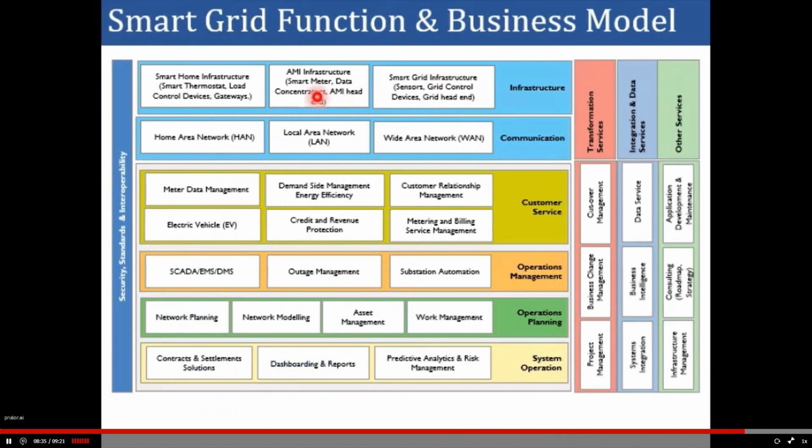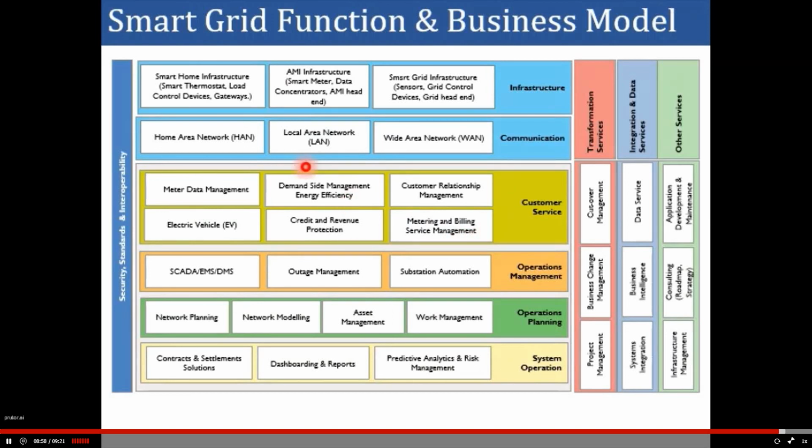Then finally, we discussed the smart grid functional as well as business model, where the functional and business layers are blended in such a way that the information shared by the functional layer is used by the business layer to share with the external world.